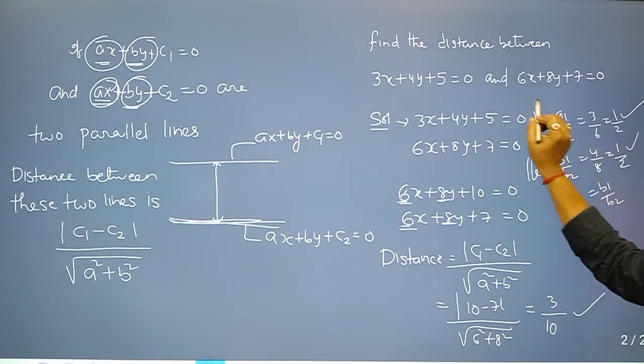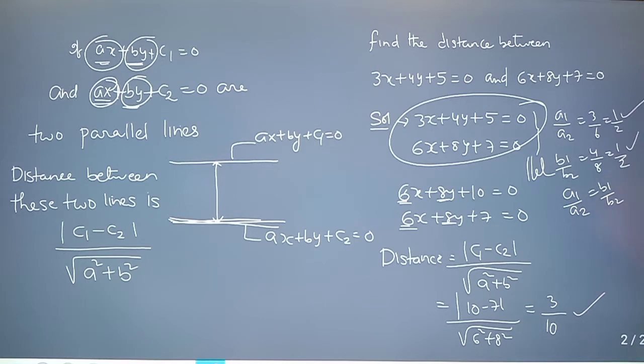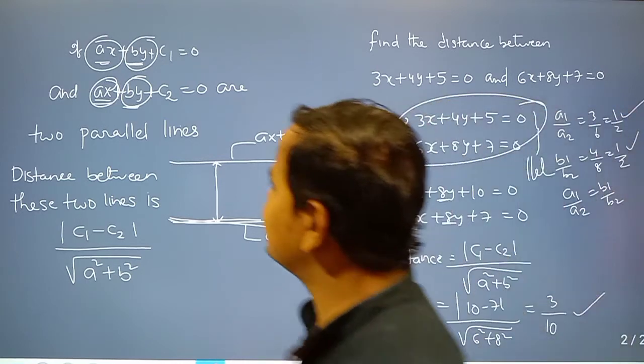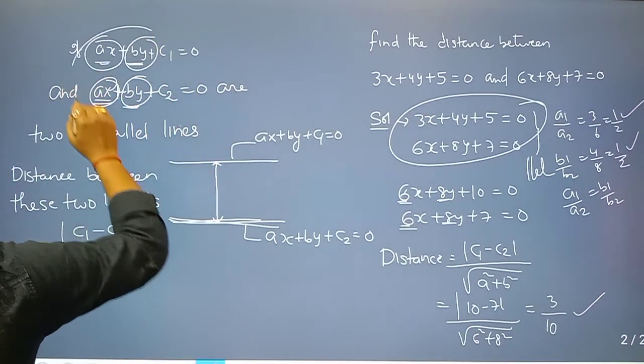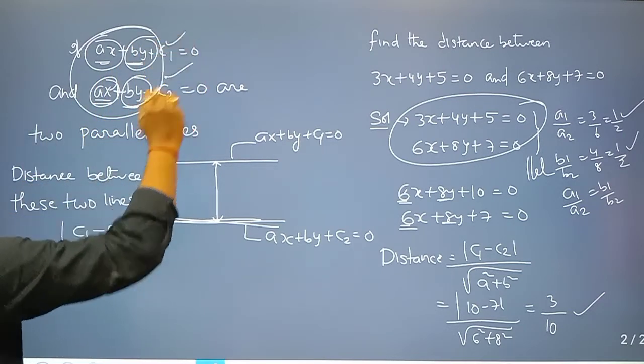So you cannot apply the formula directly. We write this formula for parallel lines whose x coefficients are equal and y coefficients are equal, and only the constant terms are different.